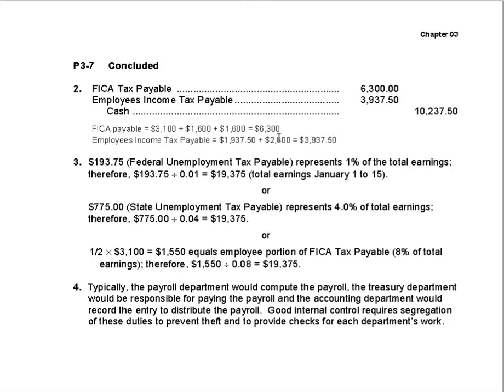And then on 3 and 4, the $193,075 represents 1% of total earnings, and 775 represents 4% of total earnings, state unemployment tax payable, and that will pretty much cover what I wanted to cover for 3.7.